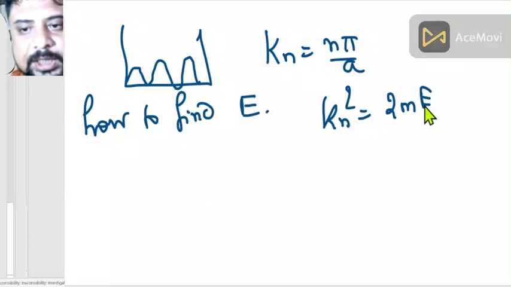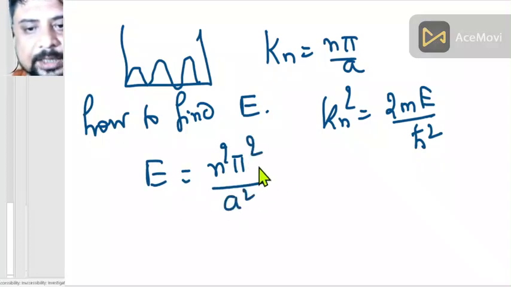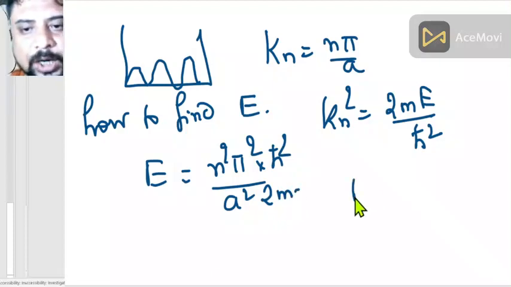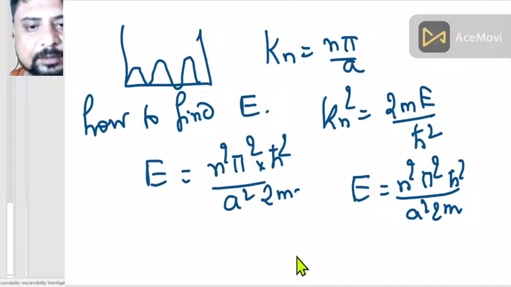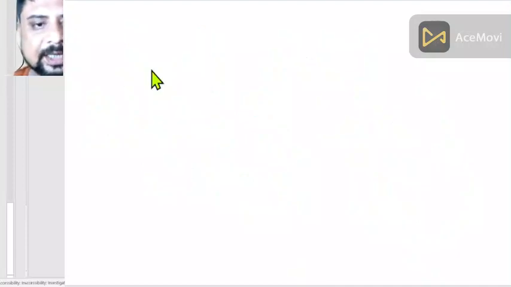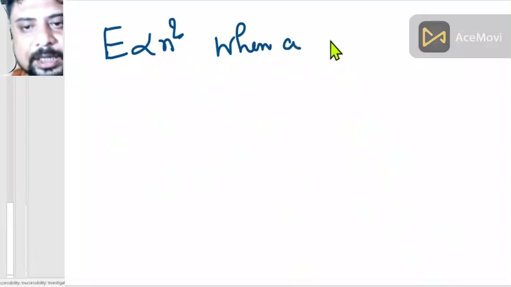Now, the most important thing that we can do: if kn is equal to n pi by a, how to find E? How to find E? So what we observed, kn square is 2mE by h bar square. So E is n square pi square by a square, putting this value of k square into h bar square by 2m. So what you get? n square pi square h bar square by 2m a square.